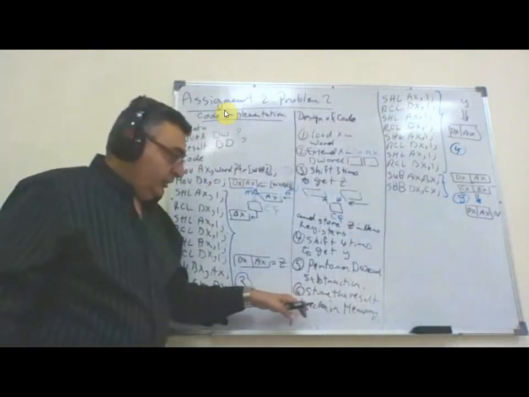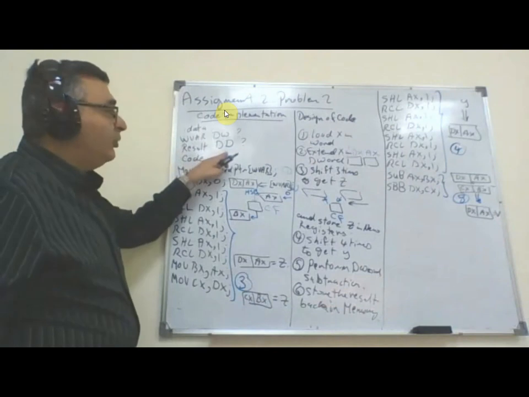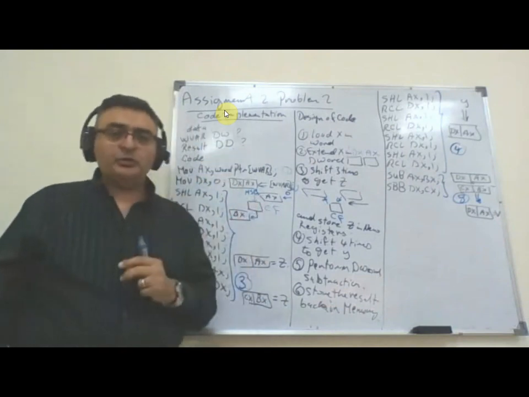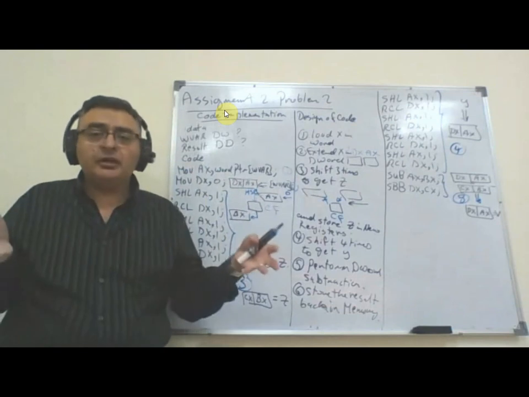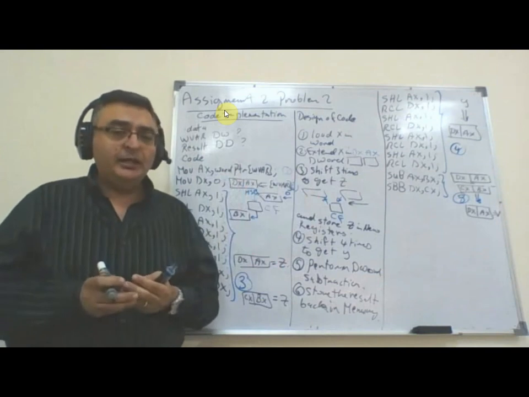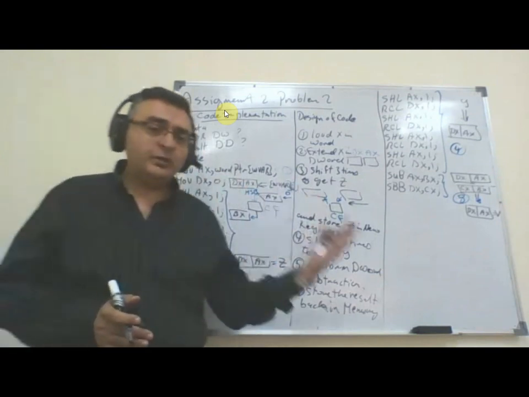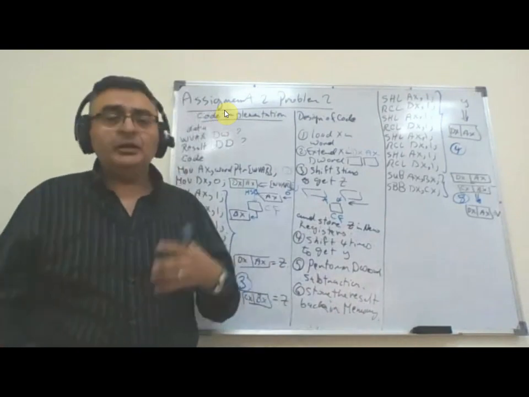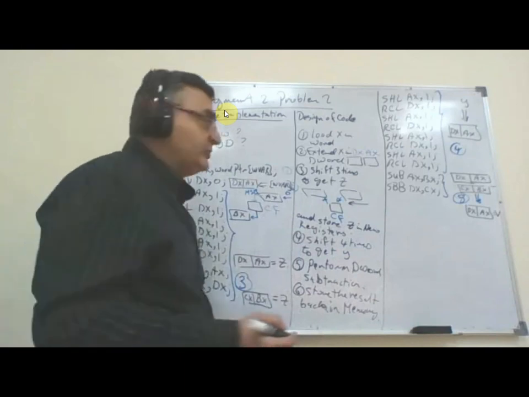If I want to store this, the result is a double word. So I actually have two registers to be stored, AX with DX. Together they form a double word number. So I have to put it in memory in little endian order. That means the lower word will go to the lower address, and the higher word should go to the higher order bytes.